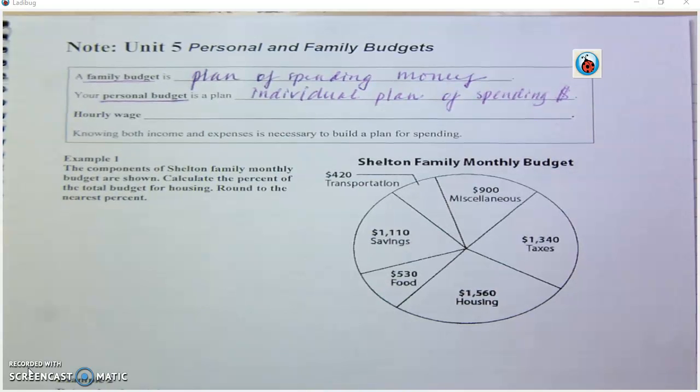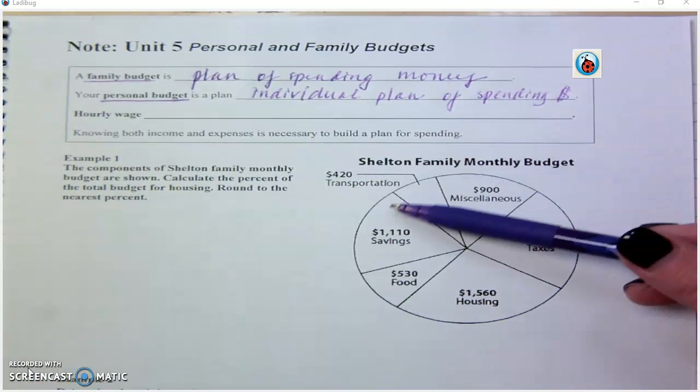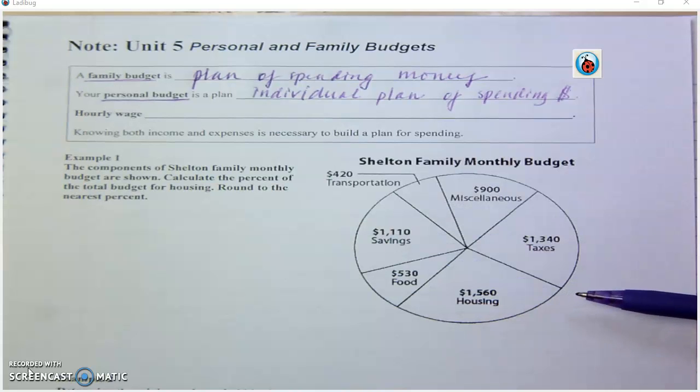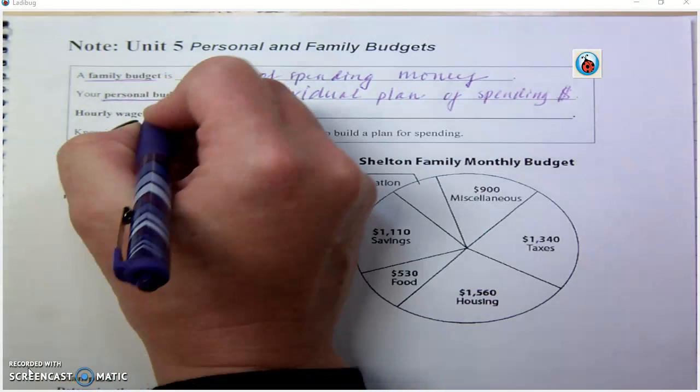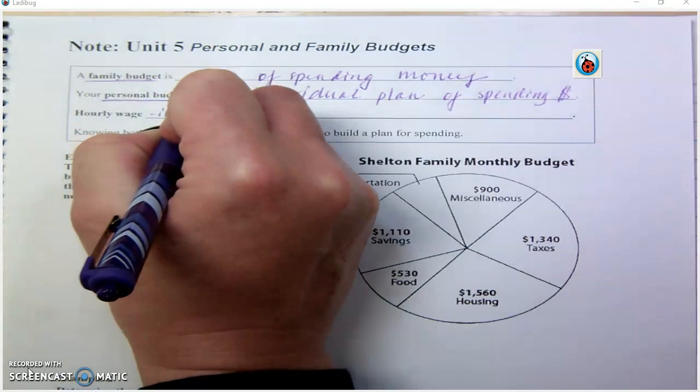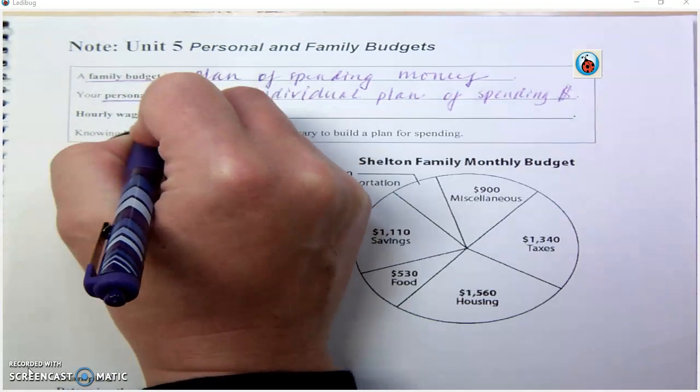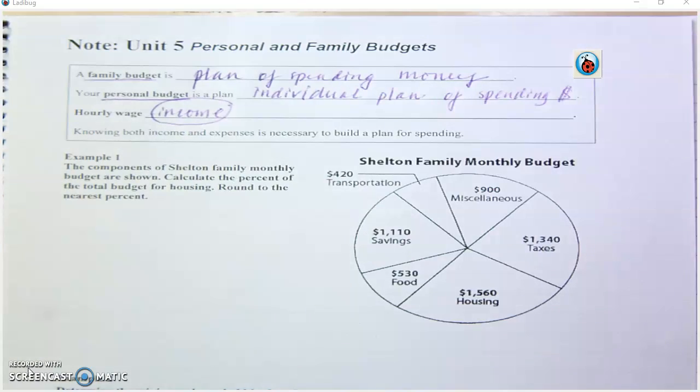On the family level, guys, if we look at our budget circle graph, you can see there are a lot of items involved. We're also going to talk about hourly wage. Hourly wage, guys, is income. Income is what people are earning.